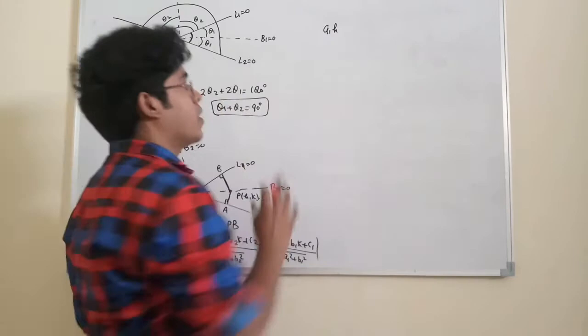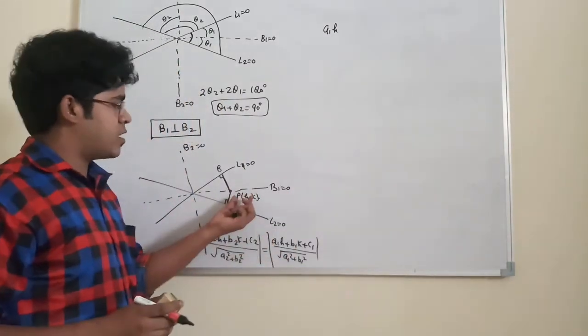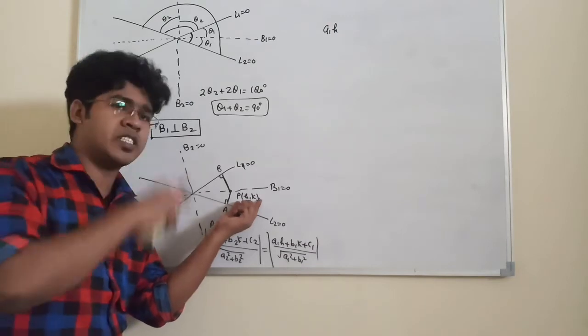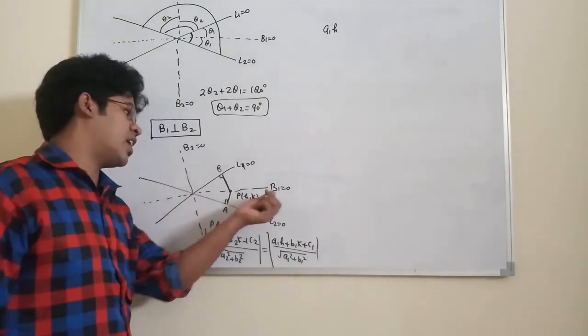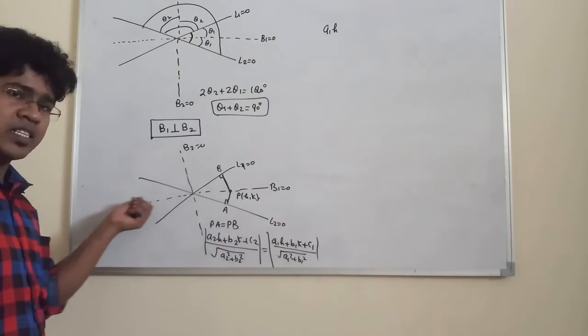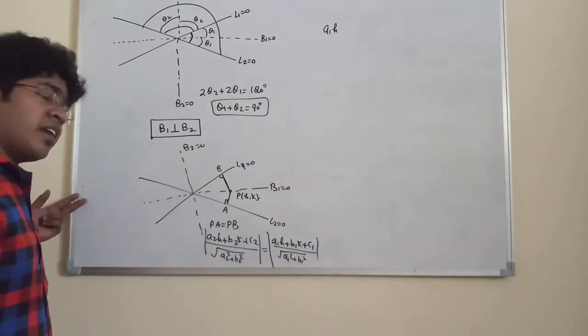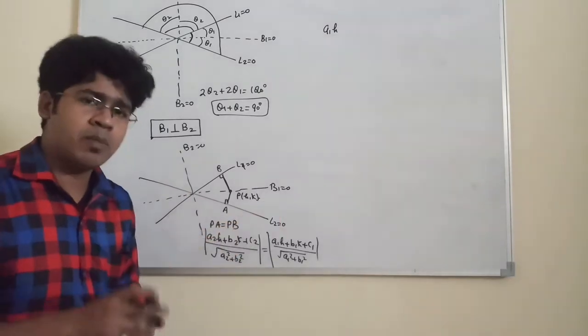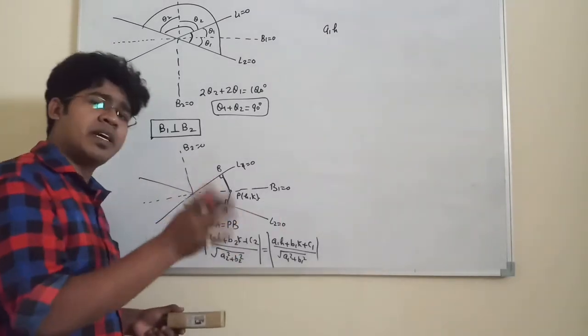Now, as we know, h comma k represents a fixed point and it is not the only point P which satisfies this equation. In fact, there are an infinite number of points which will satisfy the equation of B1. So a variable point in coordinate geometry is represented by x comma y.